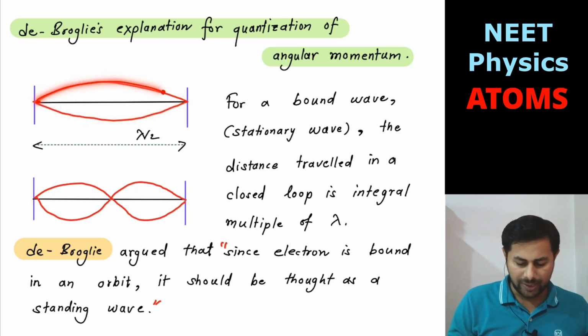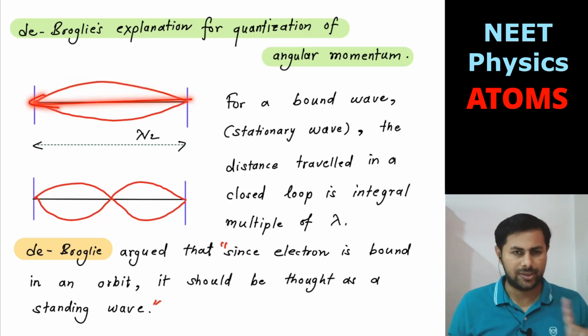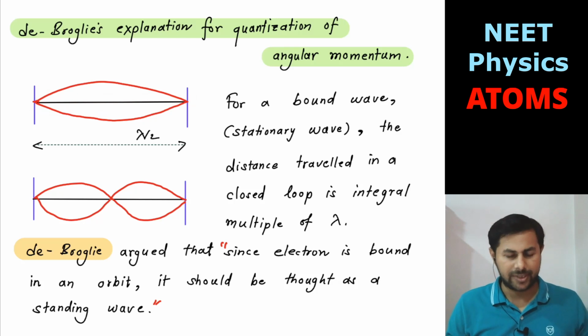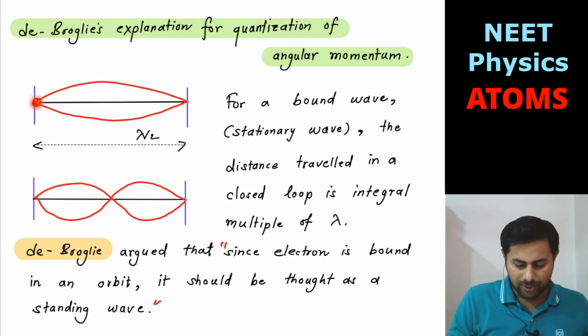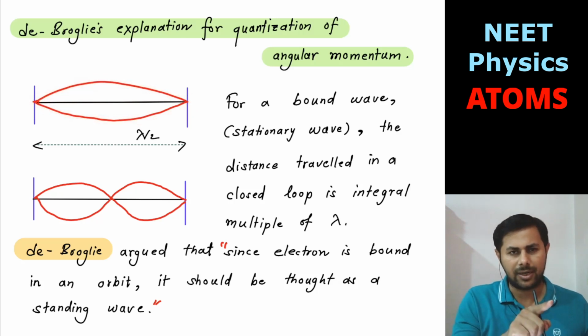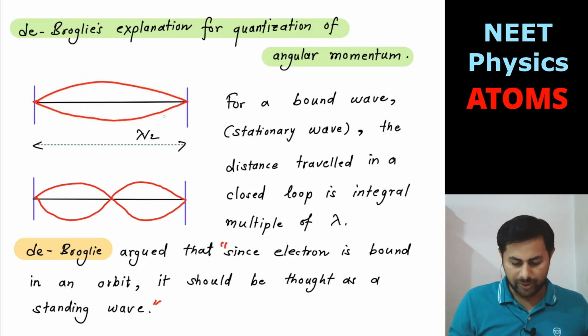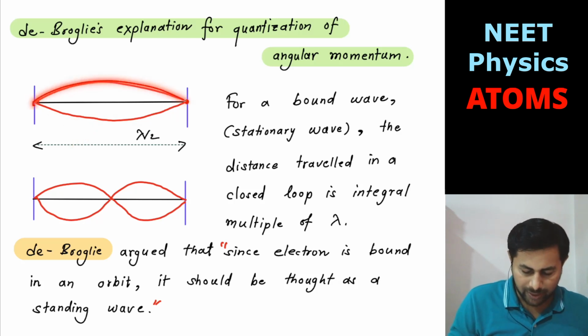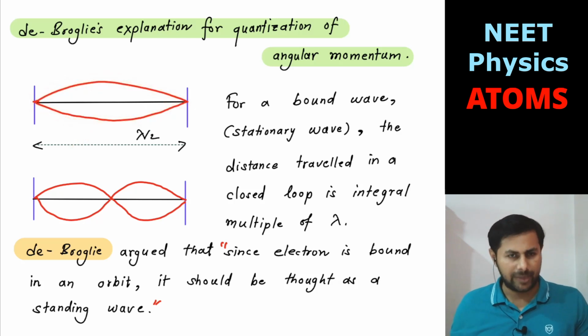So what's the connection between the wavelength and the distance covered in a round trip? The wave goes from here to here and it comes back. That is the distance covered in a round trip. So that is equal to what? It would be equal to lambda, because one loop has length equal to lambda by 2, right?